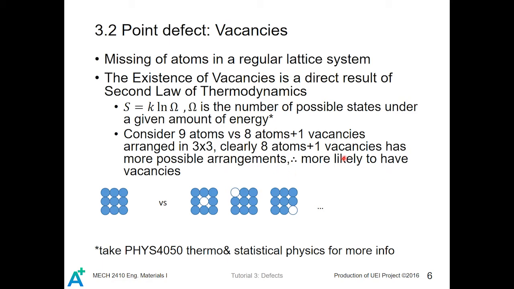For a material it is more likely to have vacancies than not have any vacancies at all. If you want to know more about this statistical physics, you may take Physics 454, which is thermal and statistical physics.